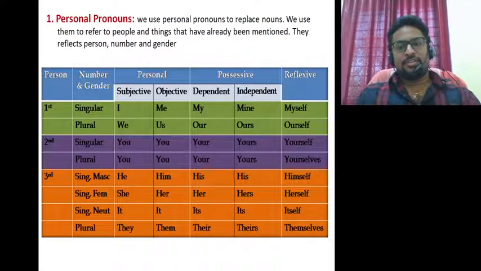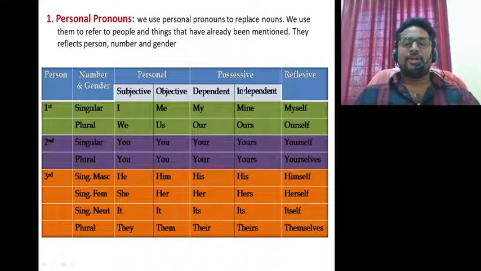Predicative, independent or predicative, is the part of a sentence that expresses what is said about the subject. Independent pronoun always tells about the subject. Okay.